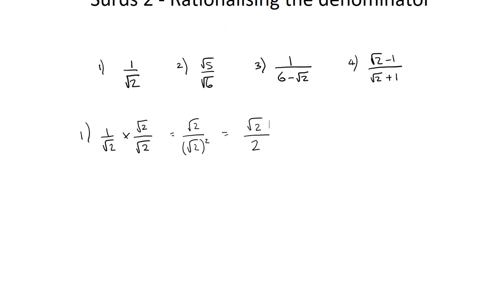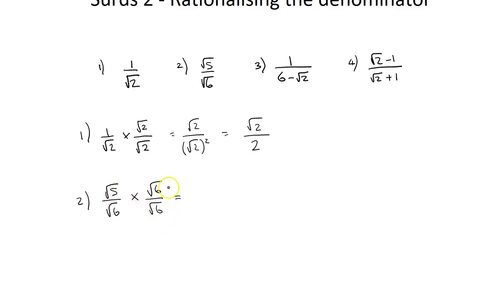The second example, root 5 over root 6. I'm going to work in exactly the same way. I'm going to multiply by a fraction which is going to have the value of 1. It's got to have root 6 on the bottom here, so I must put root 6 on the top to keep that as a value of 1.